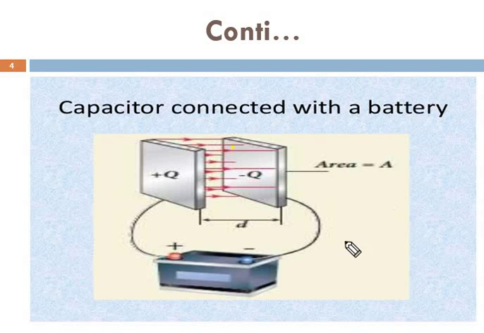As we can see in this figure, the capacitor is connected with the positive terminal of the battery. The positive plate of the capacitor is connected with the positive terminal of the battery, and the negative plate of the capacitor is connected with the negative terminal of the battery. d is the distance between the two plates, and A is the area of each plate.